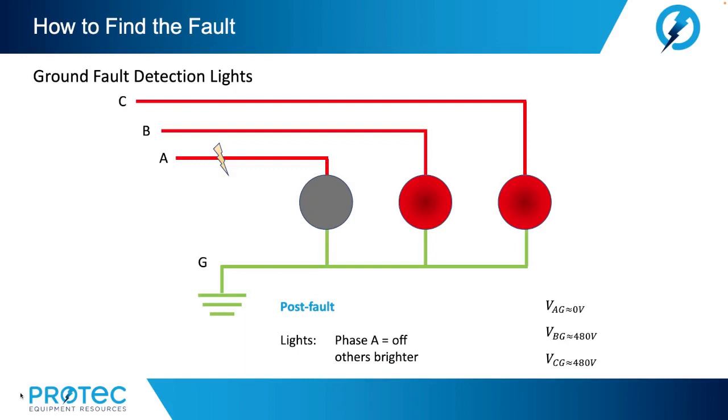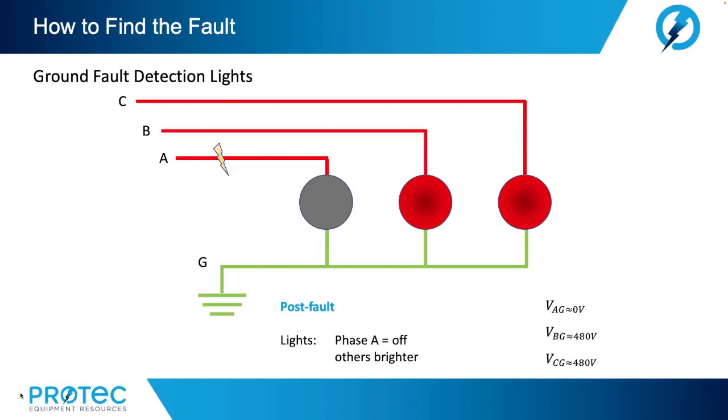Now, basically to find a ground fault on an ungrounded system, you'd have to turn off one load at a time until the lights return to normal. Now, obviously this can be very time-consuming and disruptive. So honestly, most facilities with ungrounded systems unfortunately don't bother finding ground faults.